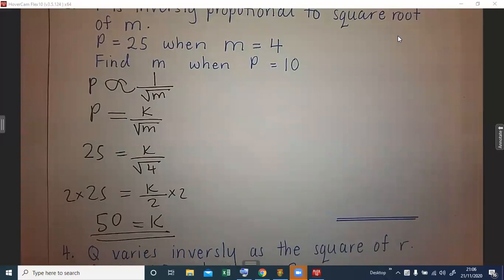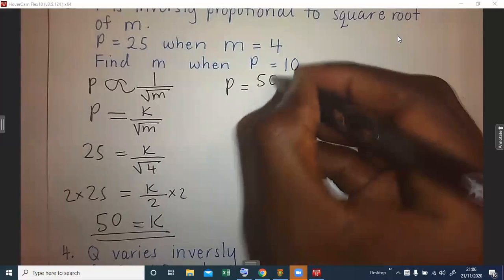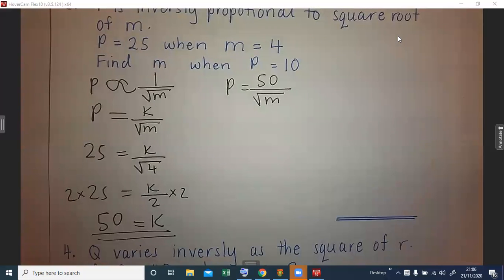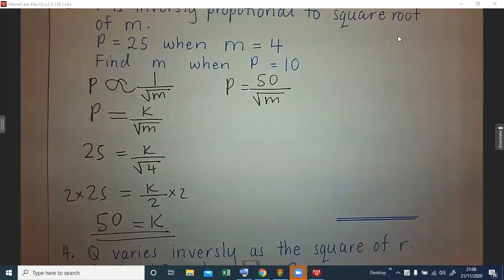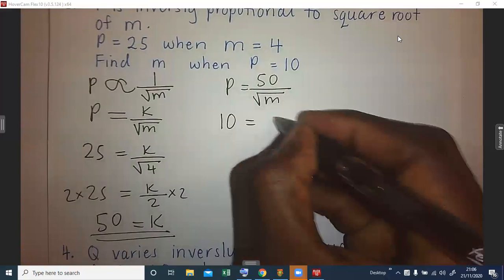So when k is 50, we replace it here. P is equal to 50 over the square root of M. Now we need to find M when P is 10.